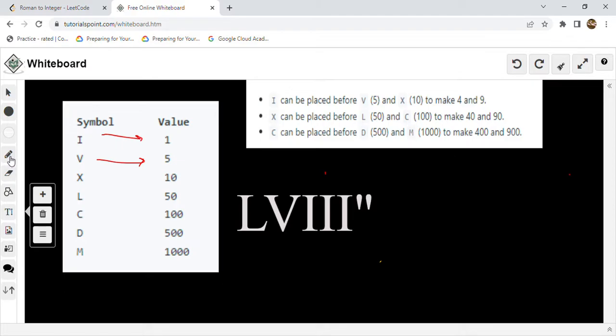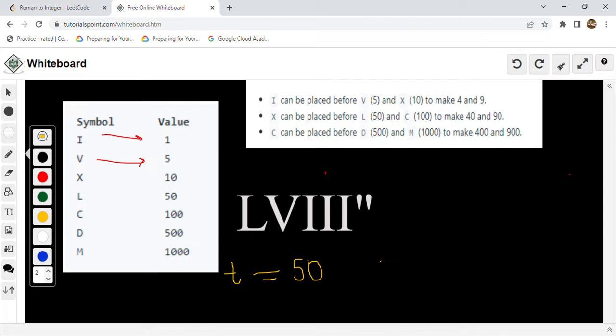Now first we will check what the value of L is. L is 50. Okay, this is the total that we will return as the answer. Now first we go from index 0. The value is L, and we check its value from there. L value is 50. So we add 50.